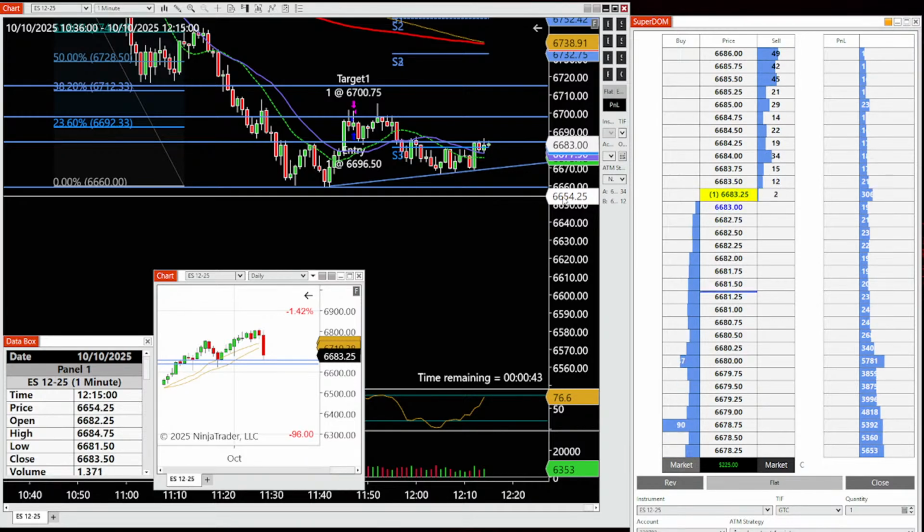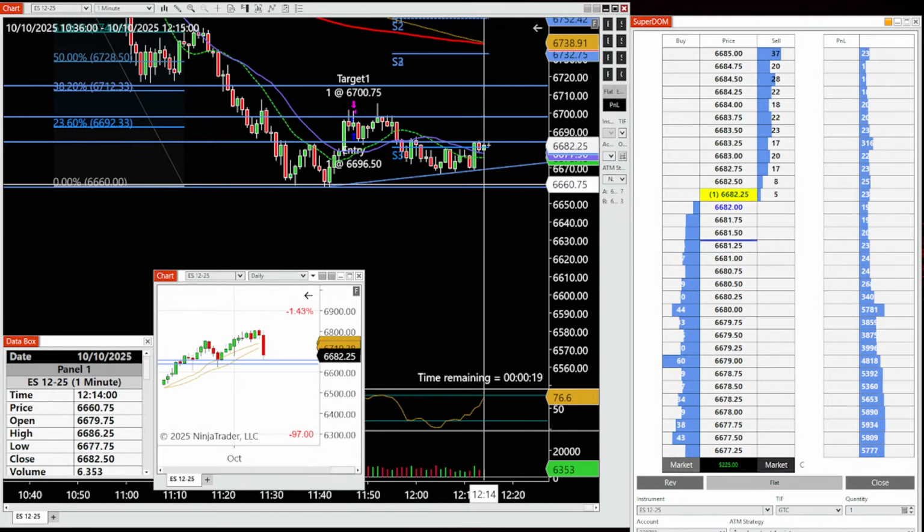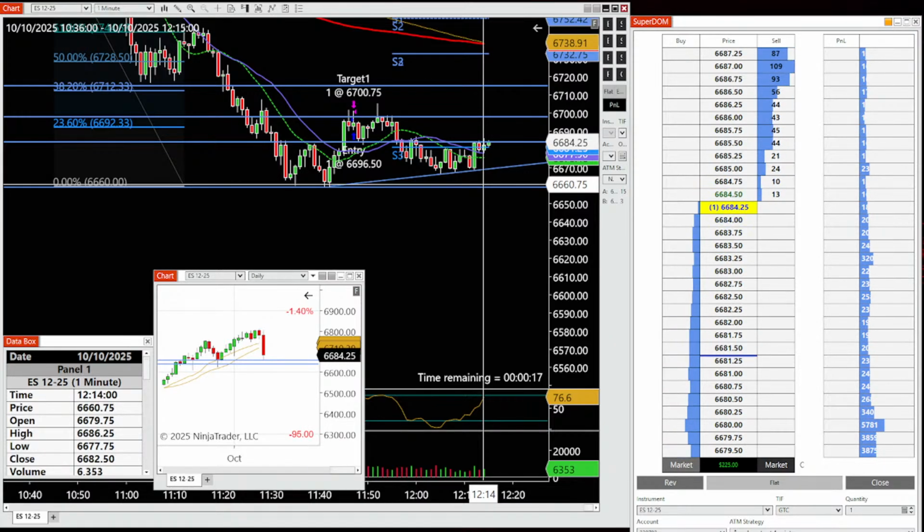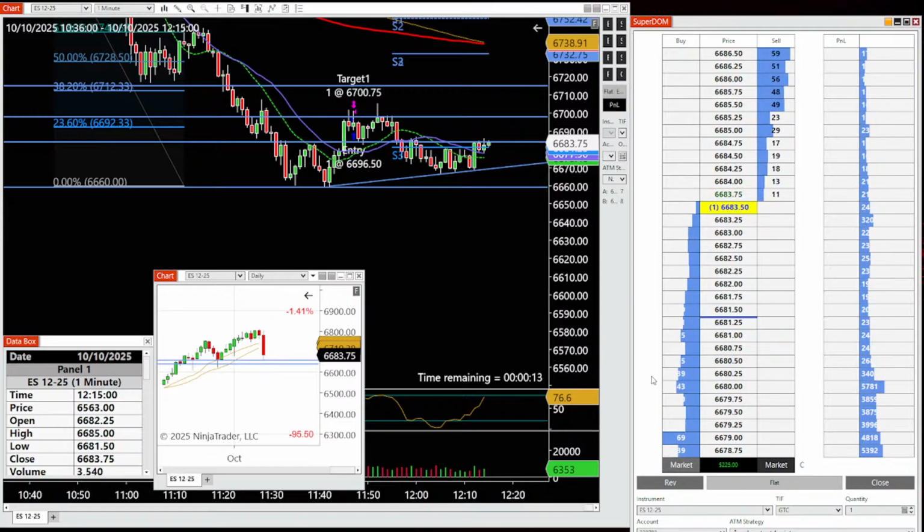Come on in and go long right up here at the top of this range. As soon as you thought it was clear to go in the water, 2-point stop loss, and yeah, the low of this bar is 77. It's a long ways.